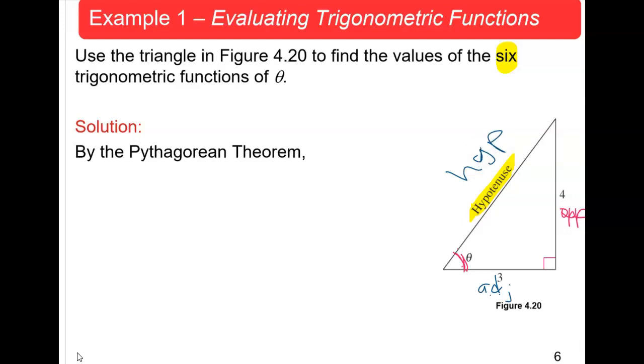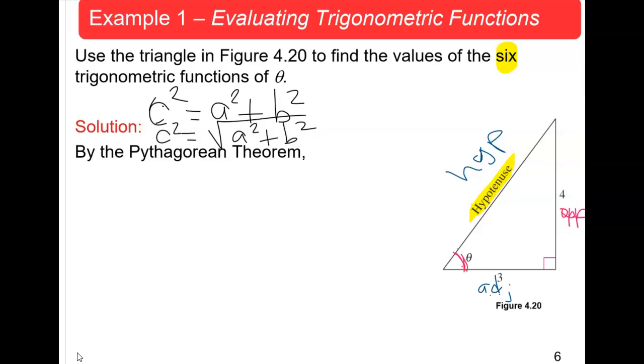Okay, so by the Pythagorean theorem, and just to refresh your mind on it, we're going to say that C squared is equal to A squared plus B squared. And since we want to find what C is equal to, we take the square root of the whole thing on both sides. And of course, if this is squared and we take the square root, that does cancel out.